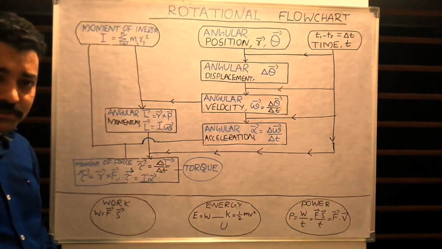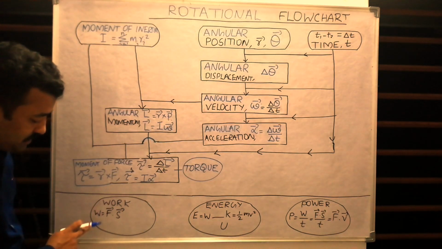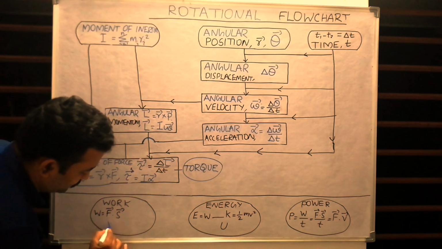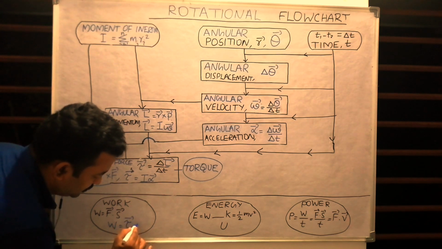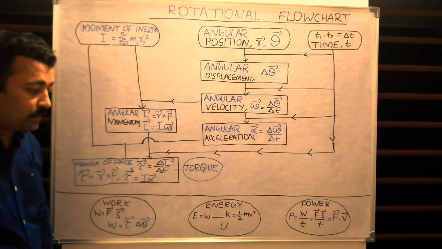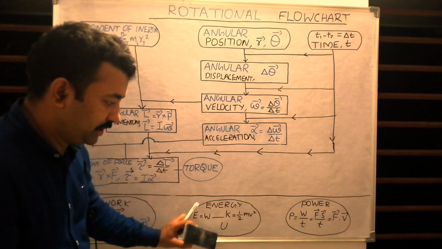What about the outputs? Will they change? No. Here also the work done. The required work done was F dot S. Here the work done will become, instead of F, tau dot S, which is delta theta. What about energy? It still will have potential energy.